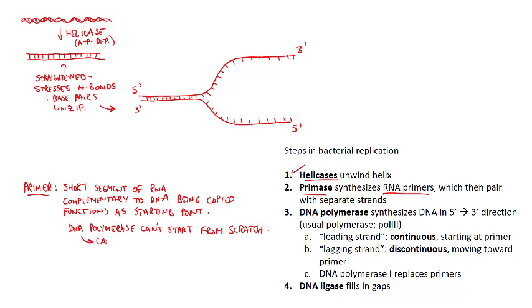It can only add to a pre-existing 3' end. And so what our primer does is it gives us a free 3' end that the DNA polymerase can use as a starting point.